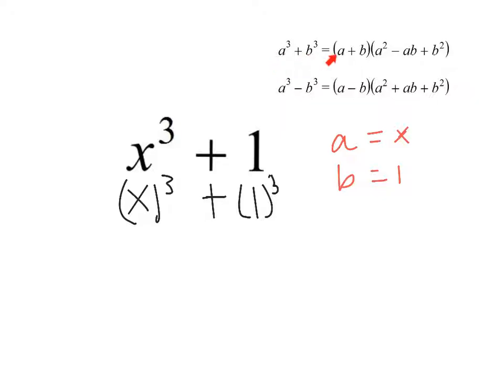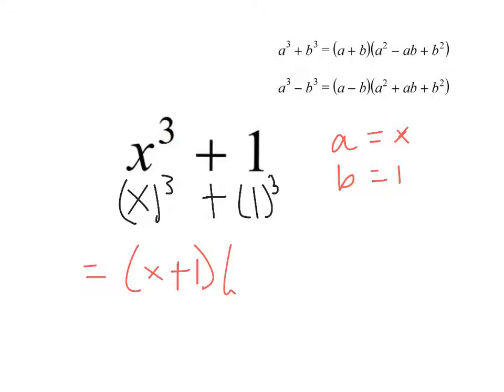So we are ready now to write this part of the equation. So here it goes. We're going to start with a plus b. So equals x, our a is x, and b is 1, plus 1. Okay, that's a plus b.